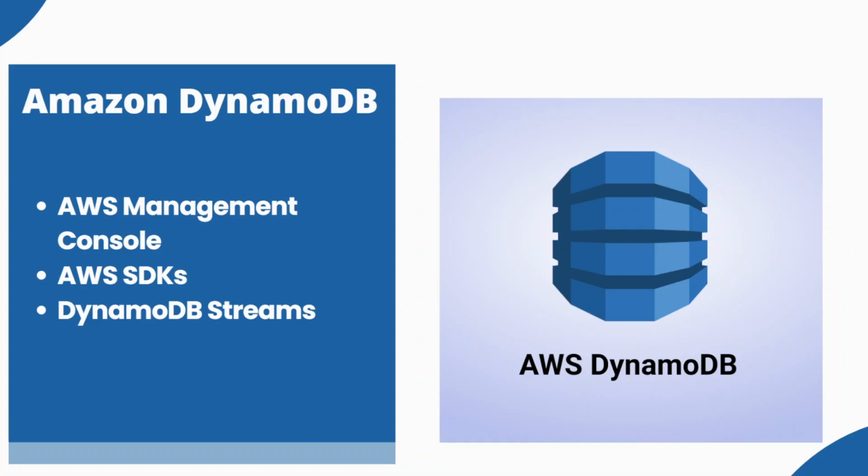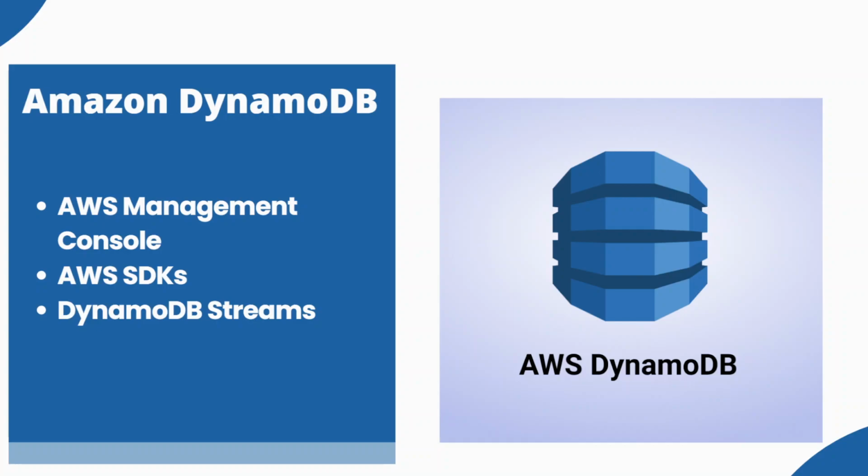It also has some tools. The first is AWS Management Console, which is a web-based interface for managing DynamoDB tables, querying data, and monitoring performance. It offers features like table creation, data manipulation, and monitoring dashboards.